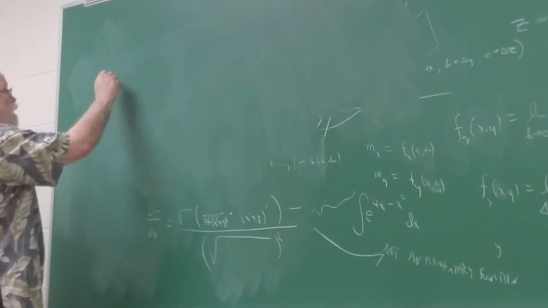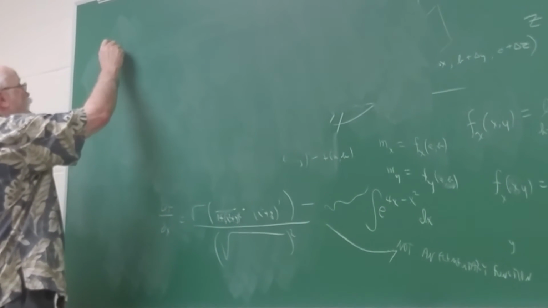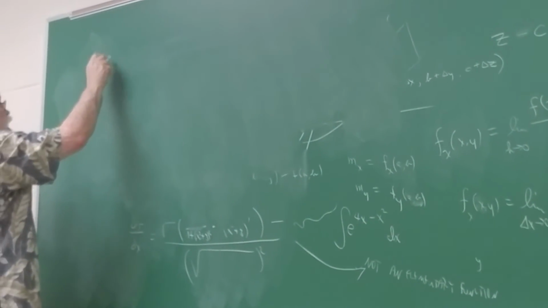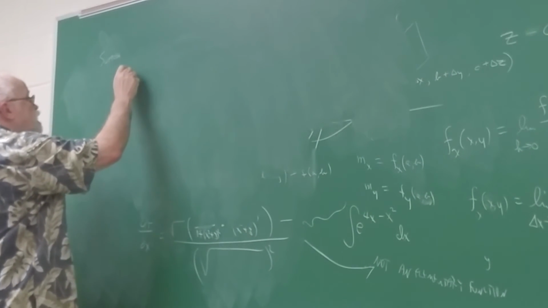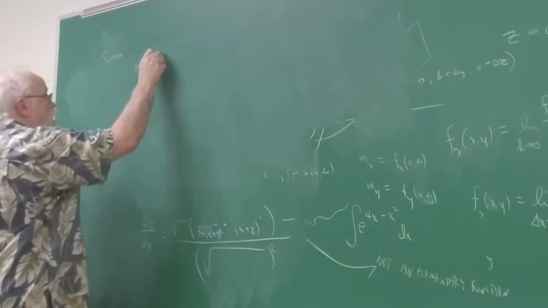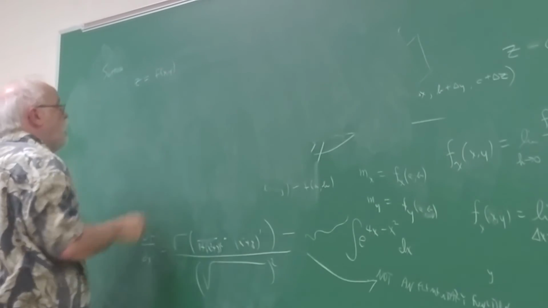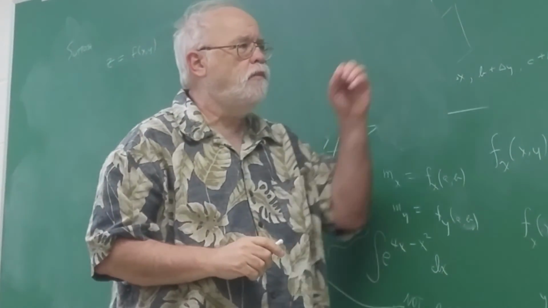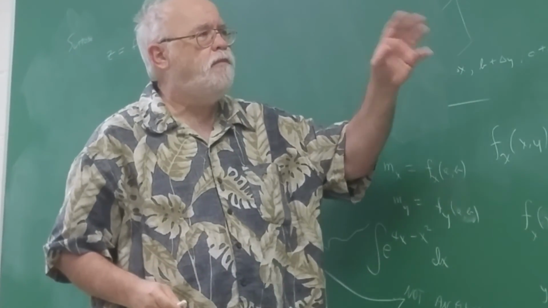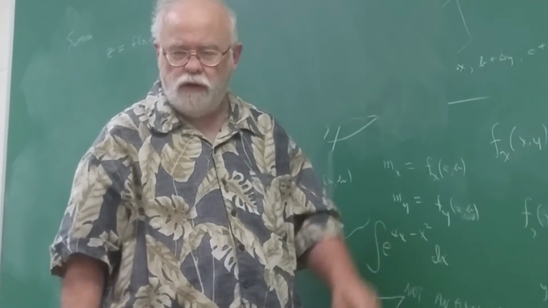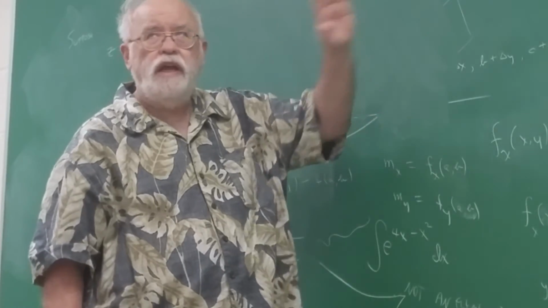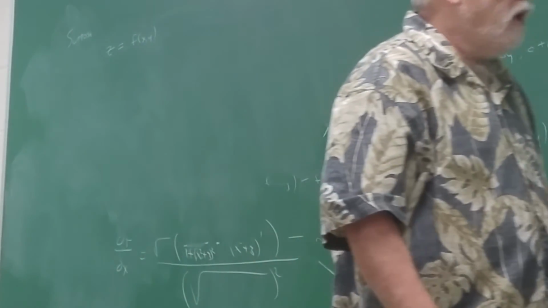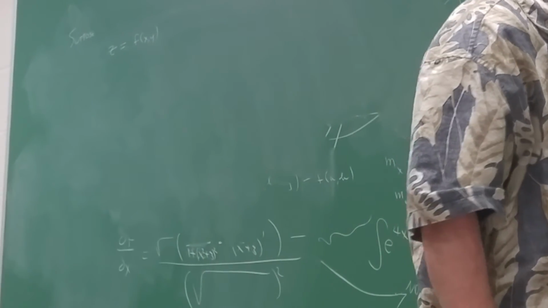So, suppose z equals f of x, y. And let's suppose that we're not concerned with any one particular point. A while ago, A, B, C was a particular point. But I can do this anywhere. So, where was it?